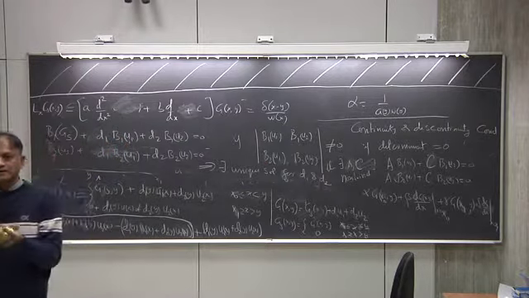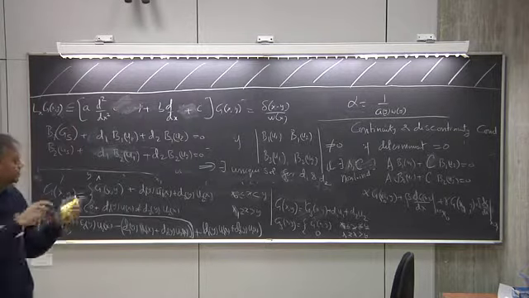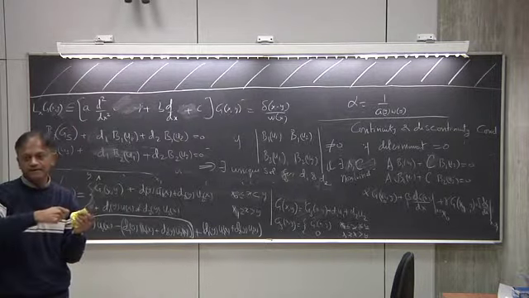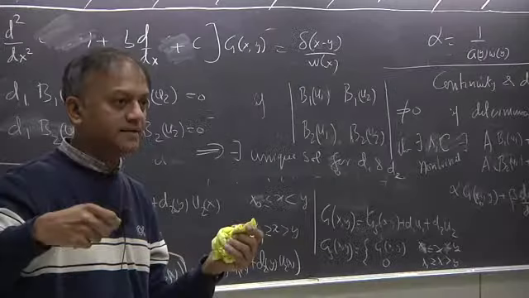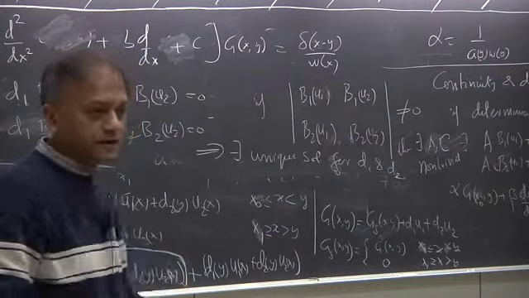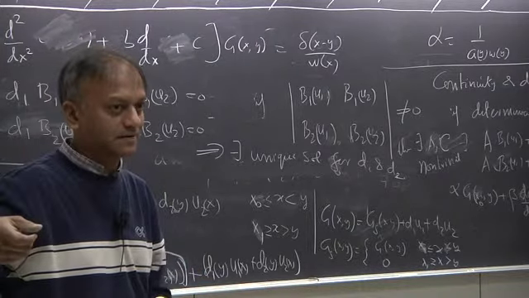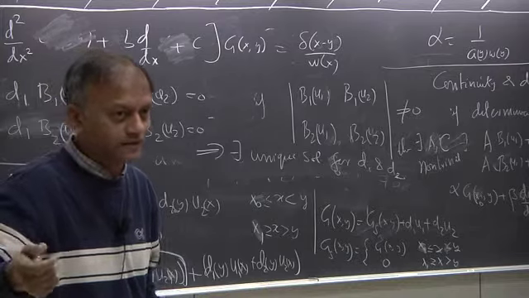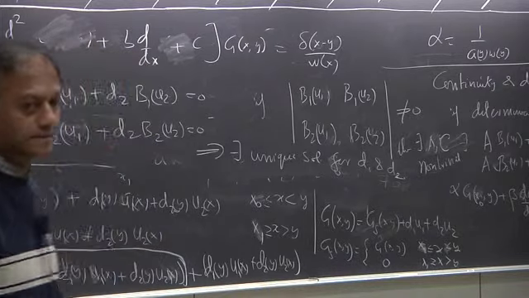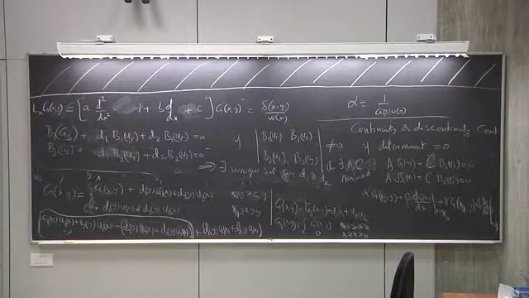The Wronskian was defined for arbitrary x, the determinant of u1, u2, du1 by dx, du2 by dx at each x. But in that discussion, what appeared was the value of that Wronskian at x equal to y. The Wronskian is not 0 anywhere. In fact, it was given by the exponential function, so it was never 0.